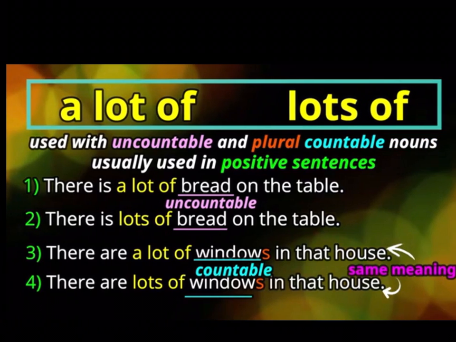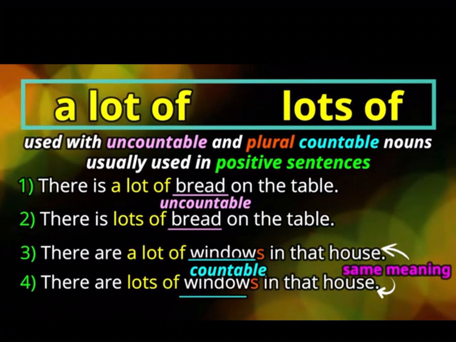Moving along, number 2. A lot of and lots of. This one is very easy because they are used with uncountable and plural countable nouns. Usually used in positive sentences, and like much and many, they are used to quantify large amounts.